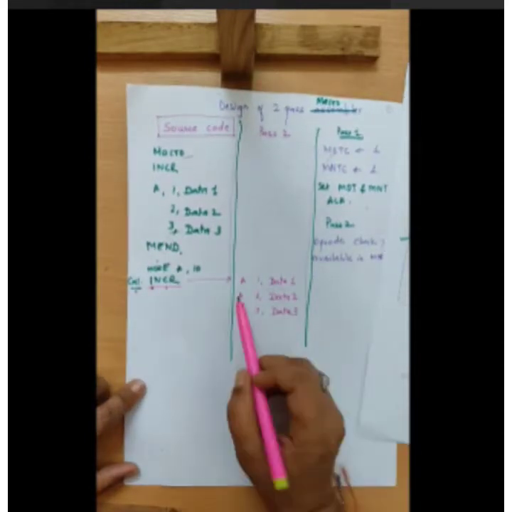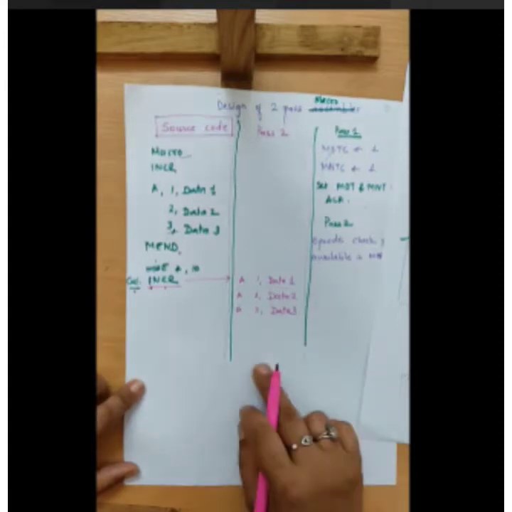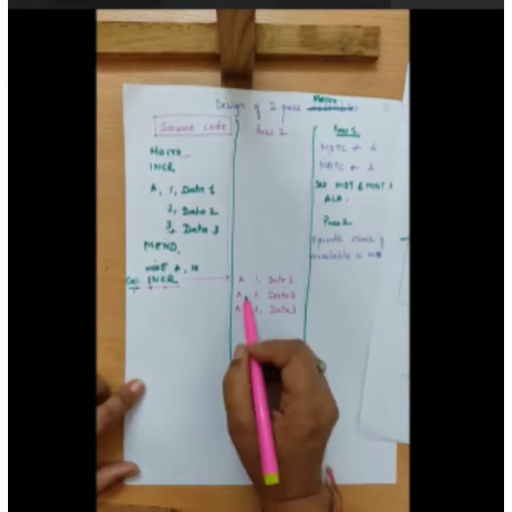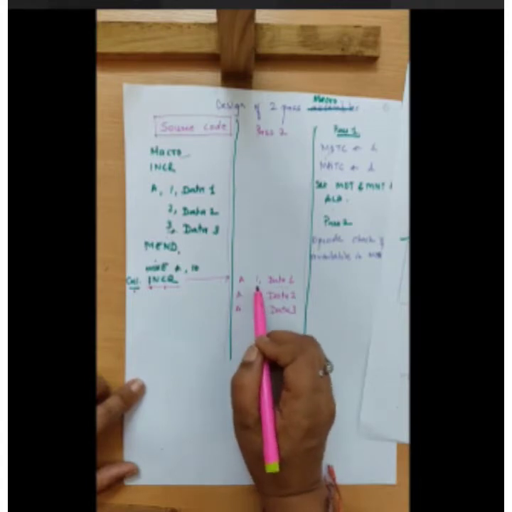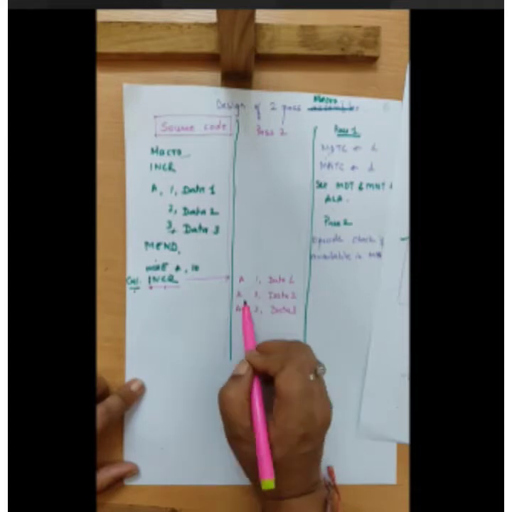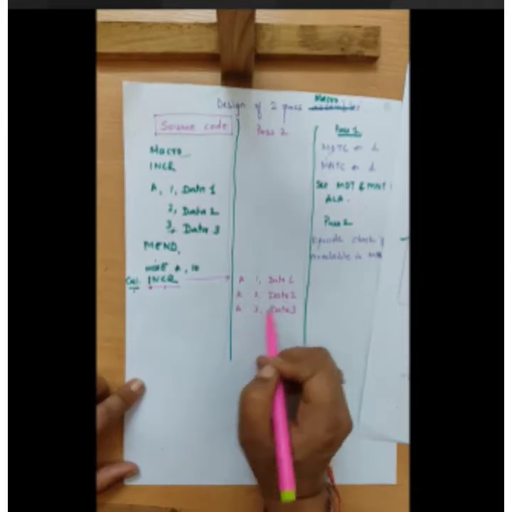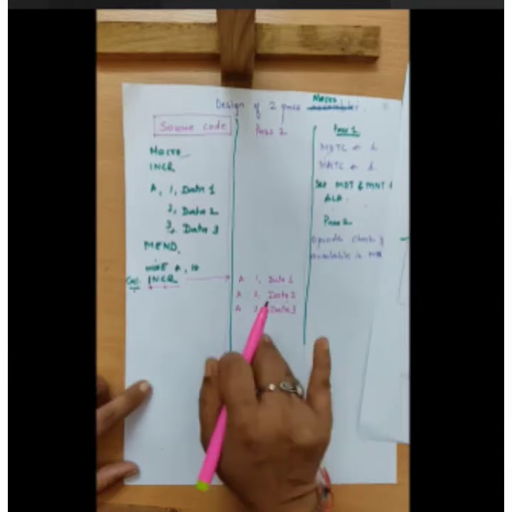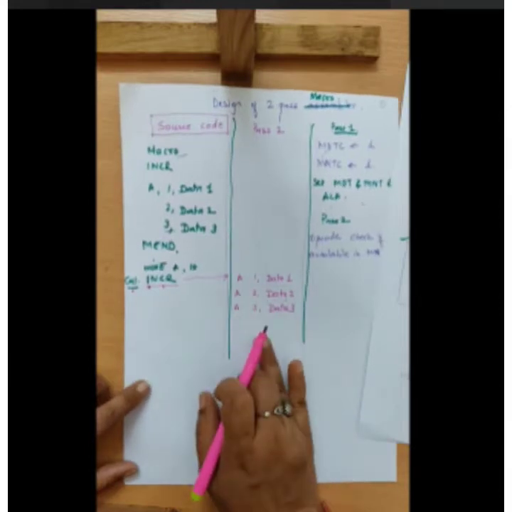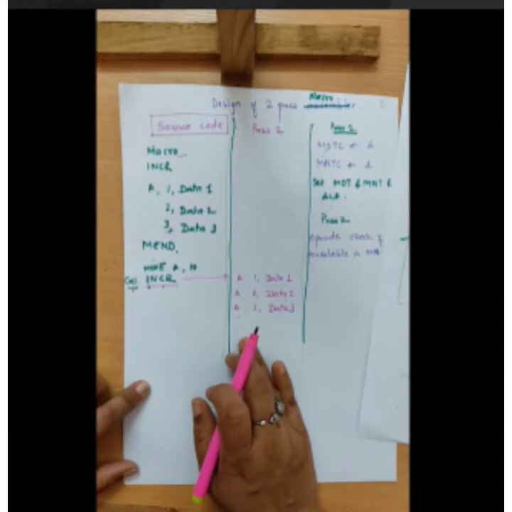So wherever INCR is located, in the macro expansion in pass 2 we will replace it with A1 comma data 1, A2 comma data 2, A3 comma data 3. So this is my macro expansion. Getting it? Because there is no argument, in pass 2 also the ALA table remains empty.